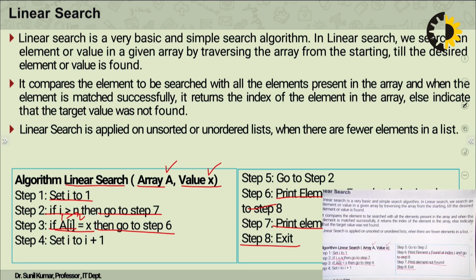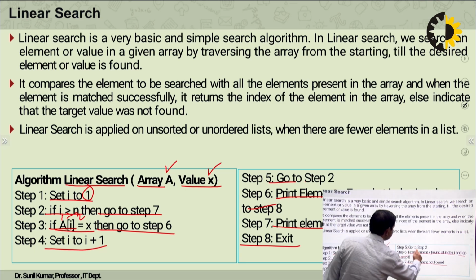Again, because we have to apply a loop, we will discuss in the next slide with the help of a program. Then if it is not so, we will increase the value of I by 1, that is I equal to I plus 1. Initially, we had taken I equal to 1, now it will be I equal to 2, and we will repeat the same process from step number 2.